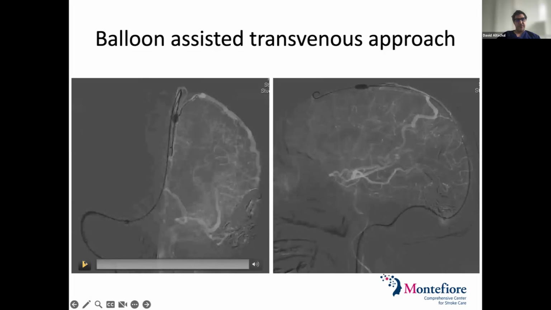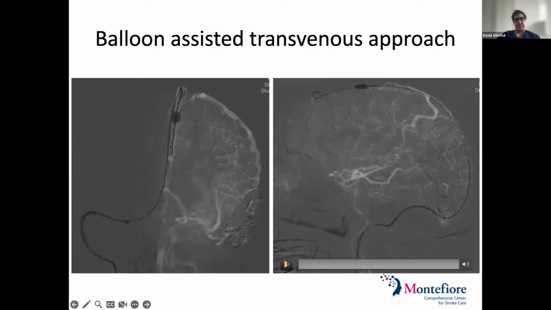So we went transvenous. I have, I think, a Trackstar in, and I believe it's a Scepter balloon. And I used it to bounce off my microcatheter, given that these cortical veins tend to really make U-turns as they enter the superior sagittal sinus.